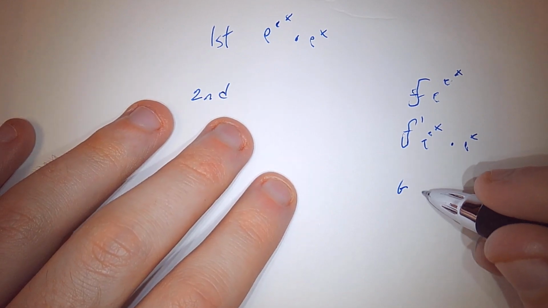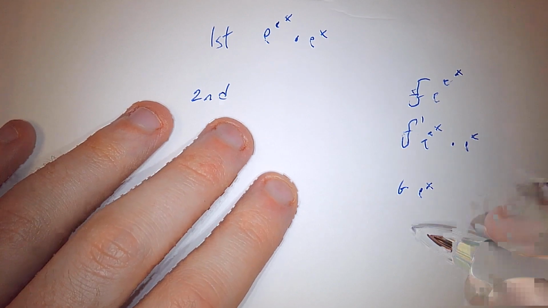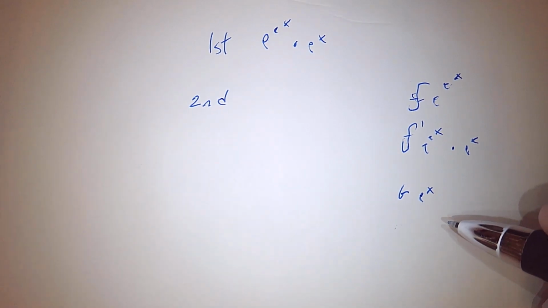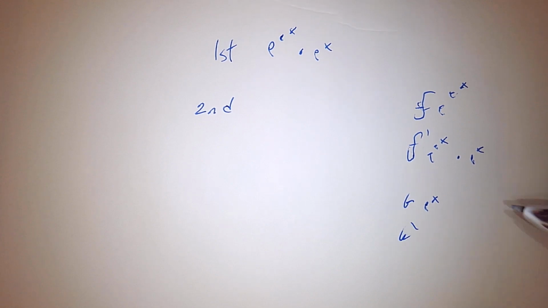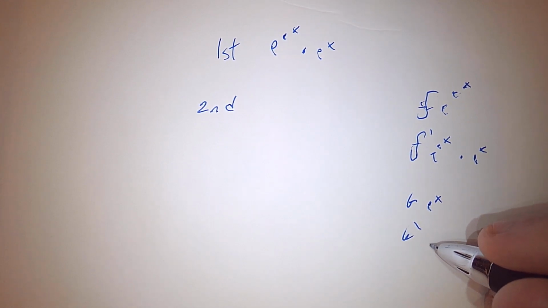G would be e to the x, and g prime, let me check my notes, I believe that will be just e to the x.